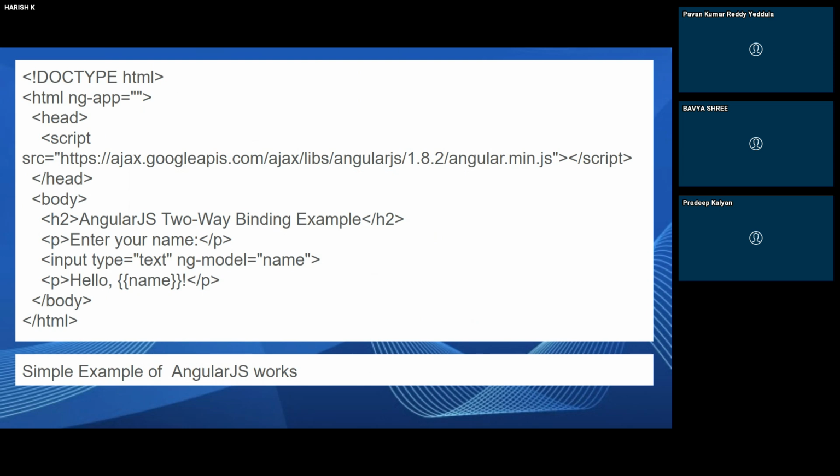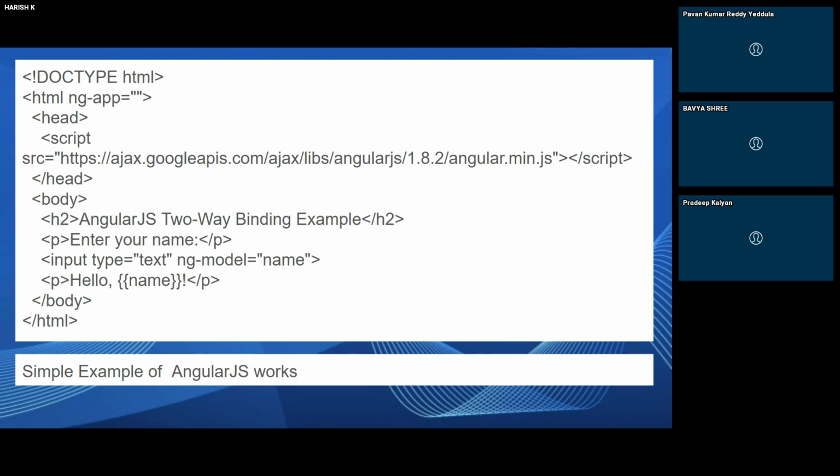Without this directive, AngularJS functionality won't work. It just locates where it is going to start. If we initialize this, then only AngularJS will work. By applying ng-app to the HTML tag, we ensure the whole document is controlled by AngularJS.